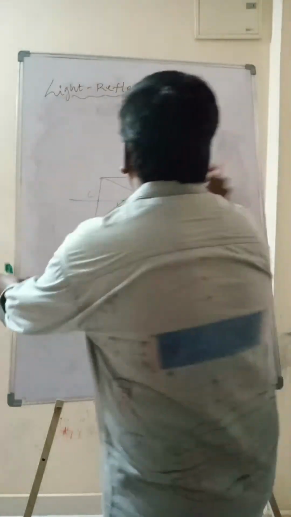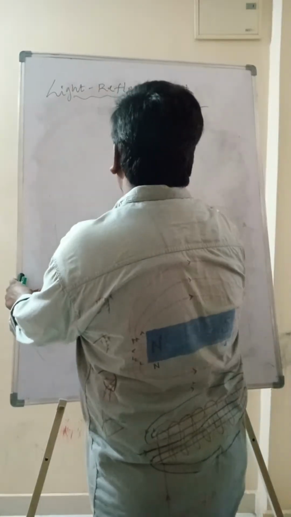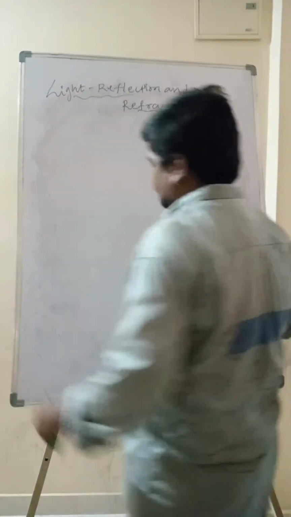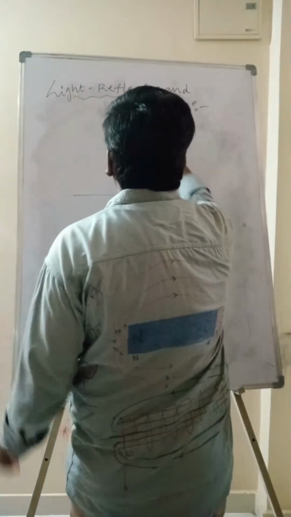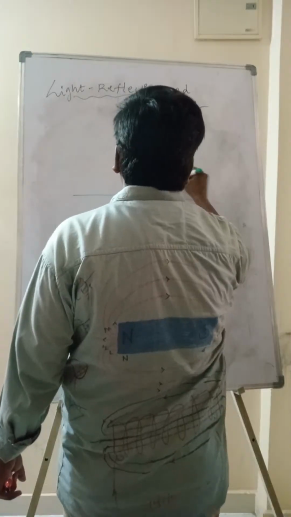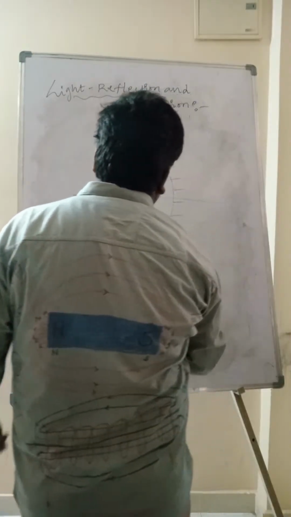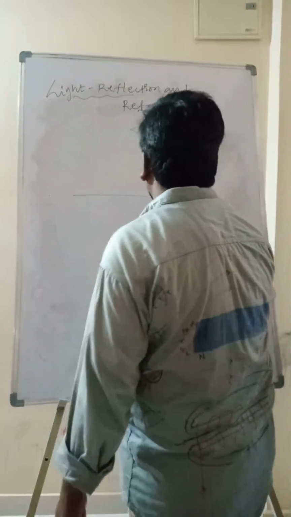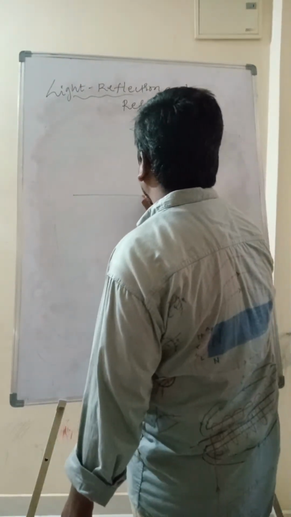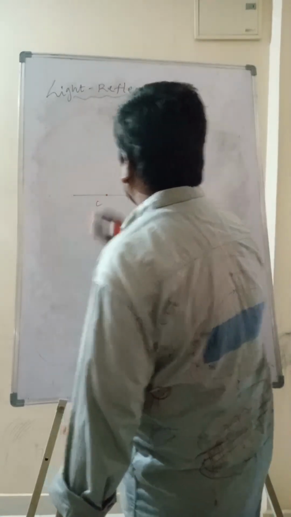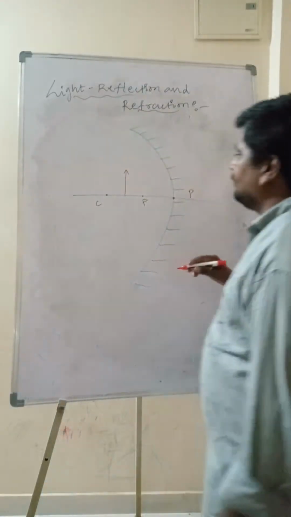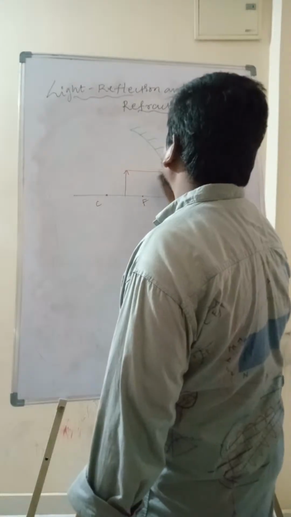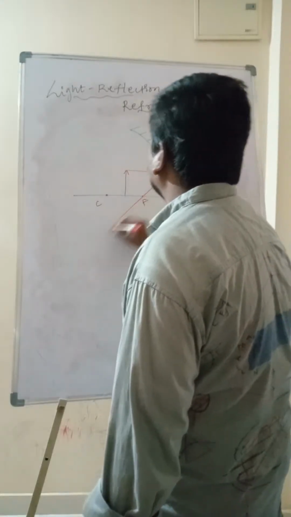Clear? So next one, we'll go with one more. Here is the pole, focus, center of curvature. So I'm taking the object between C and F. One light ray I am taking like this, so it passes through focus.